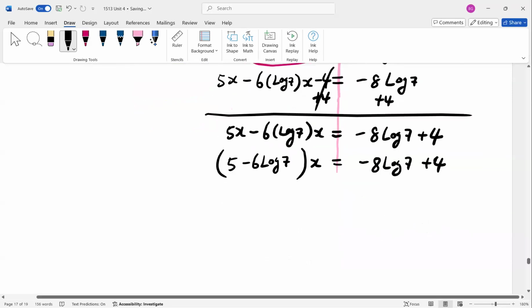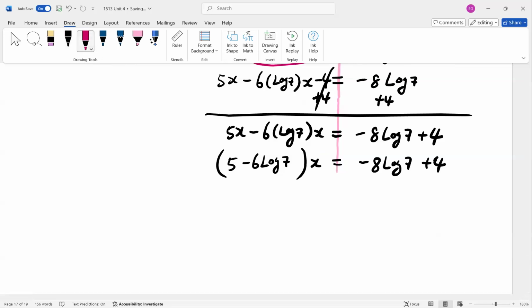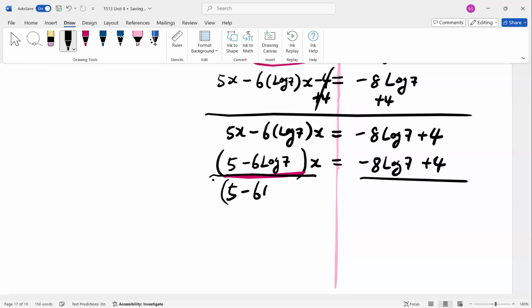All right, almost there. I know it's very long. It's very complicated. And this part right now in the parentheses, that's the coefficient of x. That's a number. Almost there to isolate x. So now we're going to divide each side by that coefficient, 5 minus 6 log 7. And here's the same, 5 minus 6 log 7.